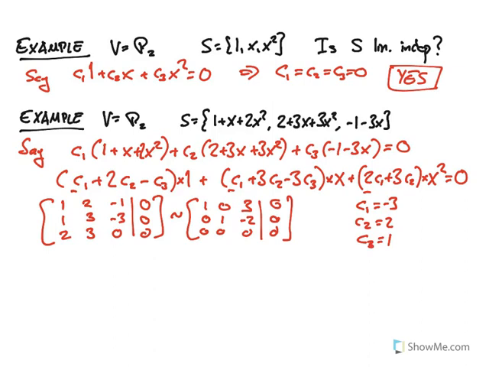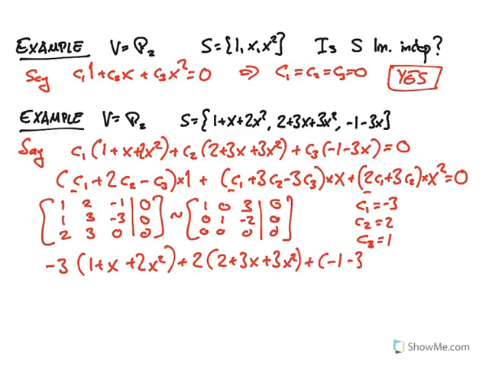So what this tells us is that minus 3 times the first plus 2 times the second plus the third is 0. So in this case, the answer is no. This is a linearly dependent set.